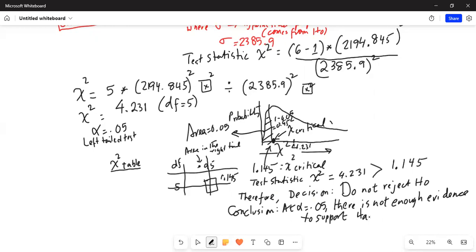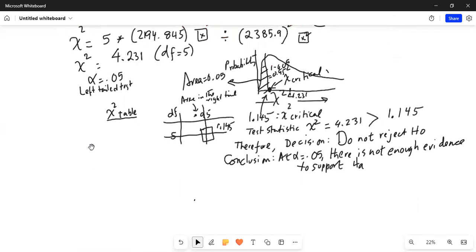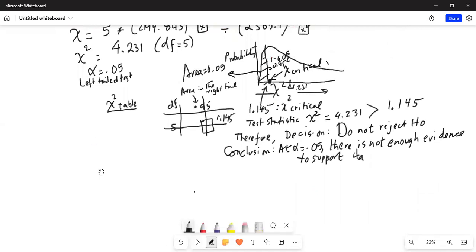Now let me see if I have the address of the website where you can get the chi-square. Let me move this up a little bit. So I will write website to get chi-square critical. I have the address.